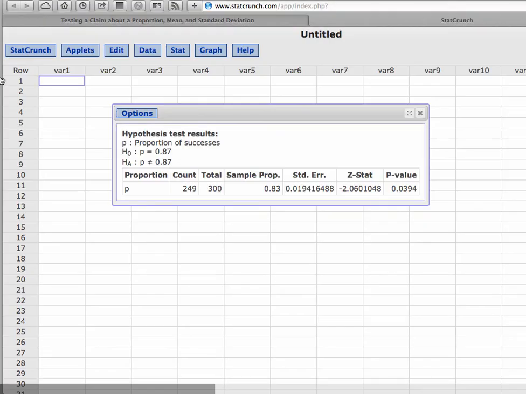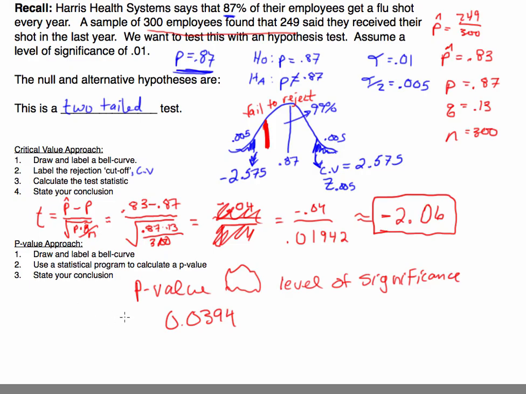That's how good my memory is. There we go, 394. So our p-value in this case is greater than our level of significance of 0.01, so we fail to reject.